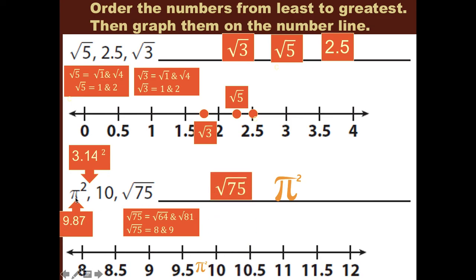The square of pi is 9.87 and root of 75 is in between 8 and 9, so it will be less. So first will be root of 75, then pi square, and then 10. Let us arrange them all on the number line. Root of 75 will be in between 8 and 9. Then we have pi square, which is in between 9.5 and 10, because its value is 9.87. And then comes 10.